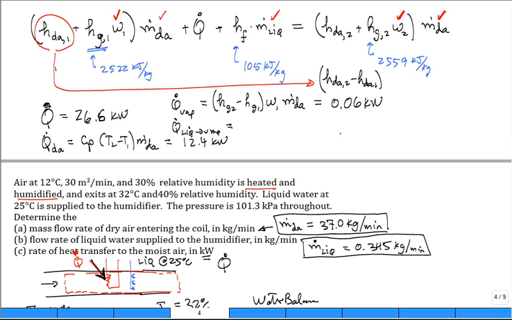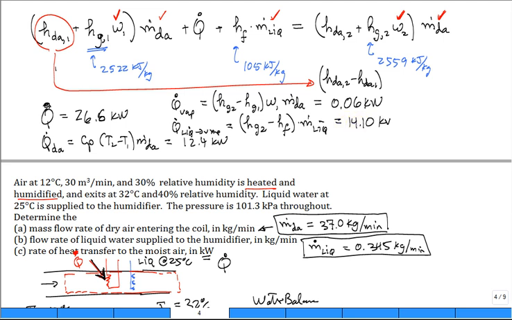So what is that rate of heat transfer, that component of this Q dot in? Isn't that the h_g2 minus h_f coming in, times omega 2 minus omega 1? You multiply this by m dot liquid.